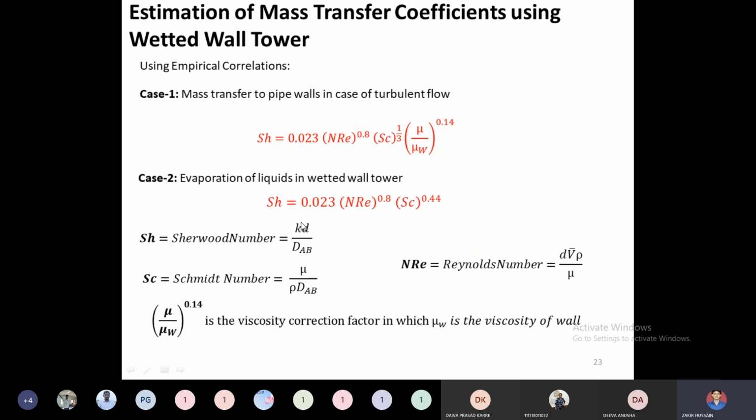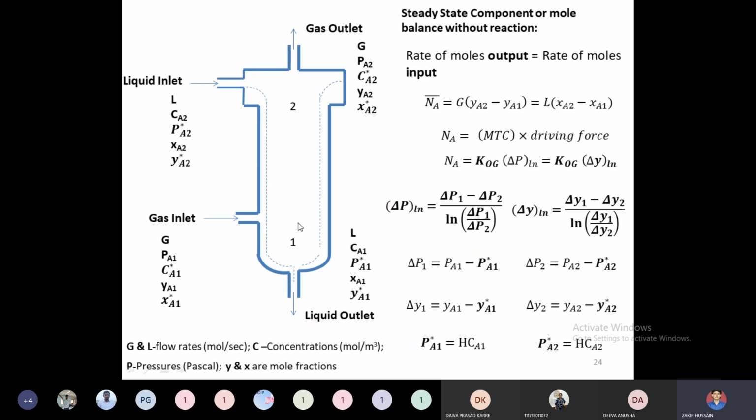This K we can estimate. For estimation of mass transfer coefficient, these wetted wall towers will be used. Wetted wall towers are nothing but an absorption column filled with some packing material or some plates like bubble trays, sieve trays, so that the liquid and gas will come into contact with each other. The transfer will take place through this film.